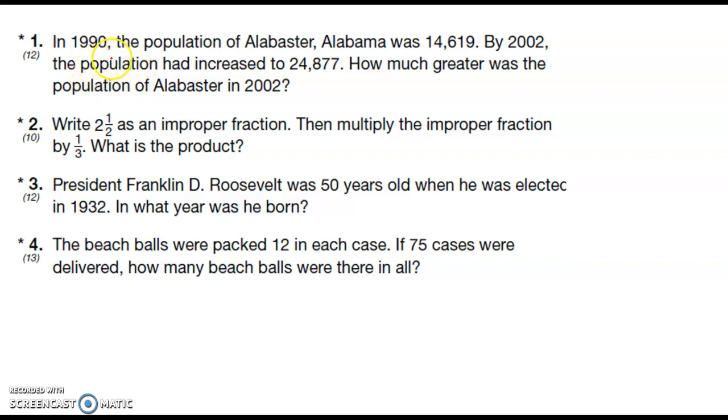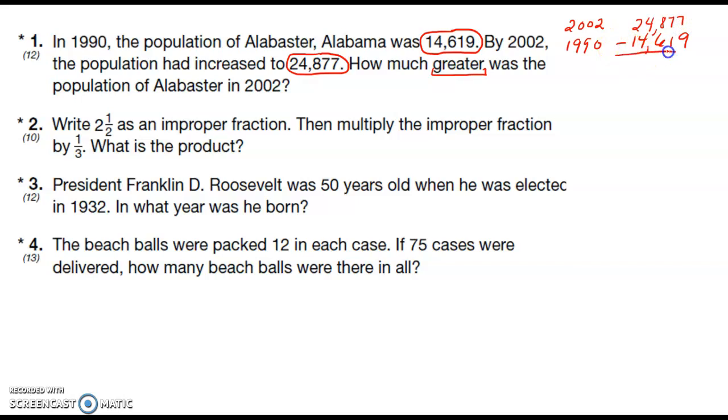Number 1. In 1990, the population of Alabaster, Alabama was 14,619. By 2002, the population had increased to 24,877. How much greater was the population of Alabaster in 2002? So in 1990, we have 14,619, and in 2002, we have 24,877.